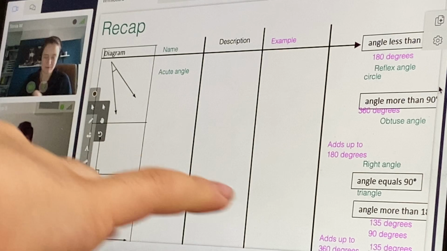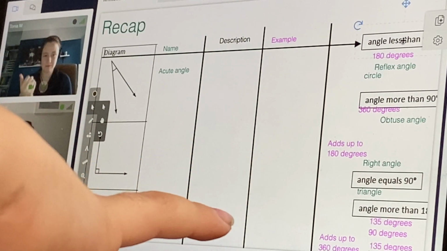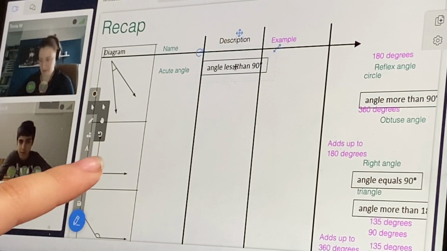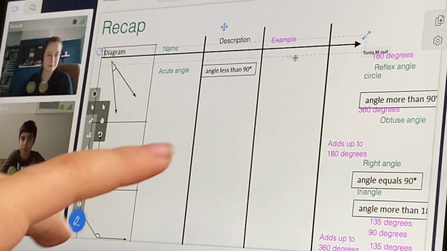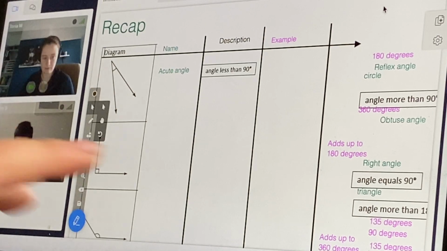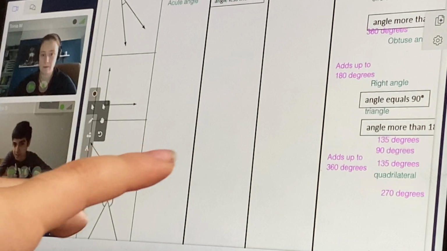It is less than 90. Yeah, I should put this here. Yeah, there we go. Example, let me see. It has to be less than 90.